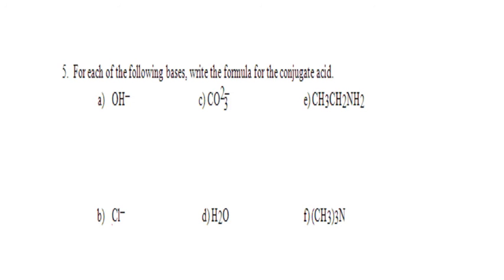For the following bases, write the formula of the conjugate acid. Since these are bases, what are these going to do? They're going to accept an H plus. So what is OH minus going to make? H2O. What is Cl minus going to make? HCl. Remember, polyprotic acids go stepwise, both directions.